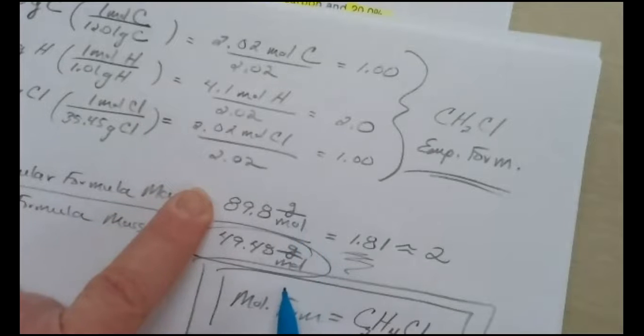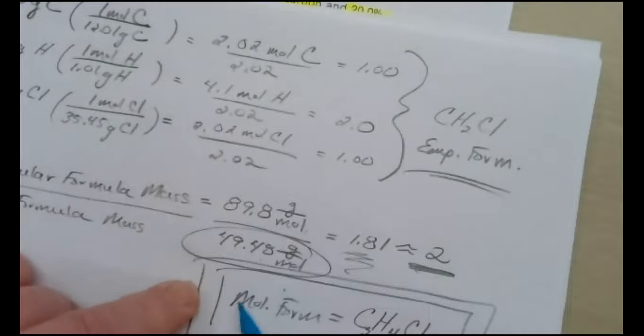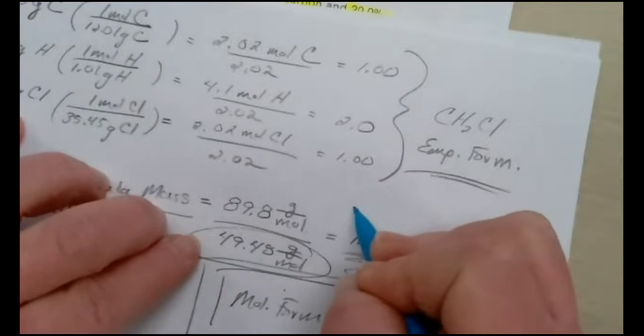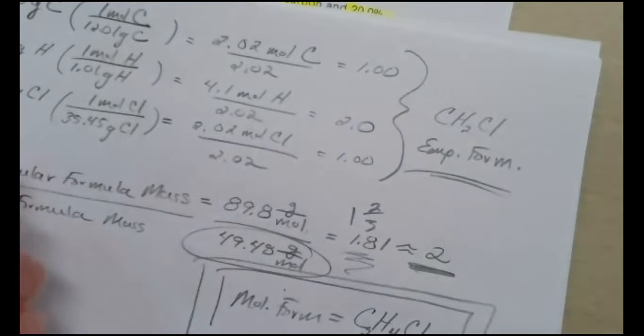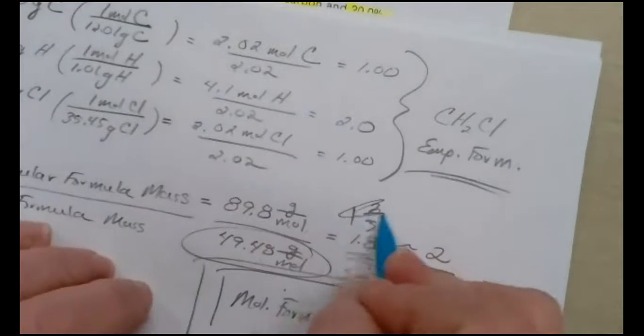And so if this didn't end up being a whole number, then that couldn't be true, right? That would mean like 1 and 2/3 of those is in that. If we said it was 1 and 2/3, well, how can you have 1 and 2/3 of an empirical? You see what I mean? So that has to be a whole number ratio.